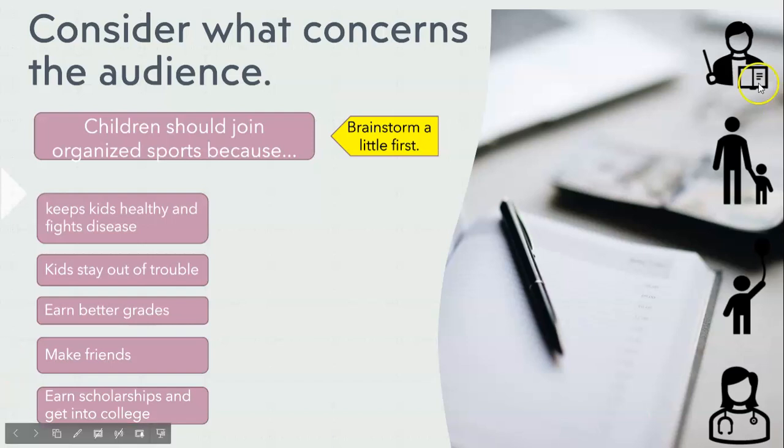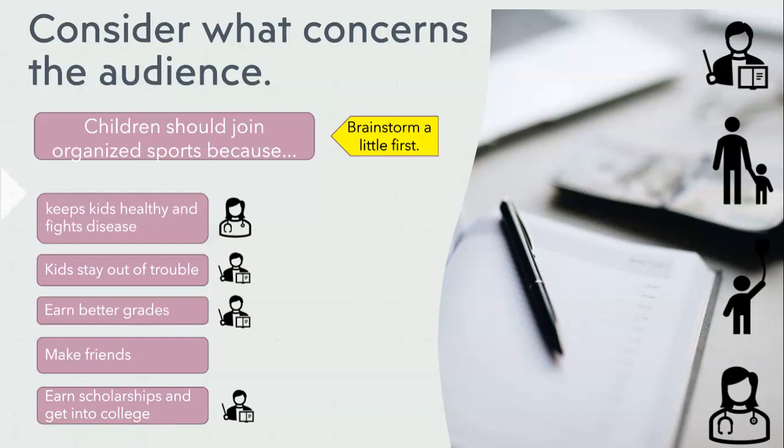So, for a teacher, which one would they be concerned with? Which one of these reasons would really appeal to a teacher? Better grades, kids staying out of trouble, earning scholarships and getting into college, because that is definitely what good teachers around the country want for their students, around the world too. What about what a parent would consider? Or, I'm sorry, a doctor.